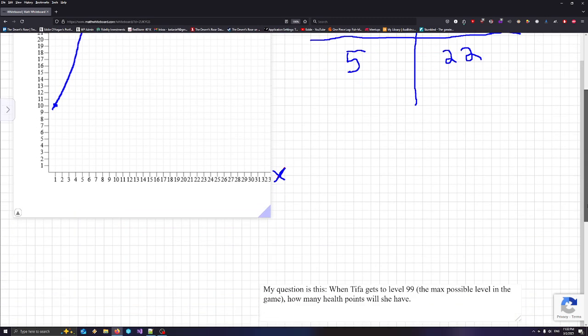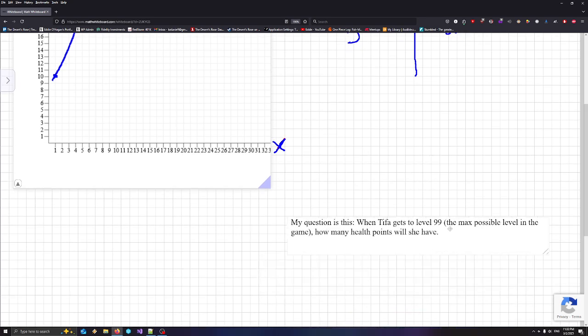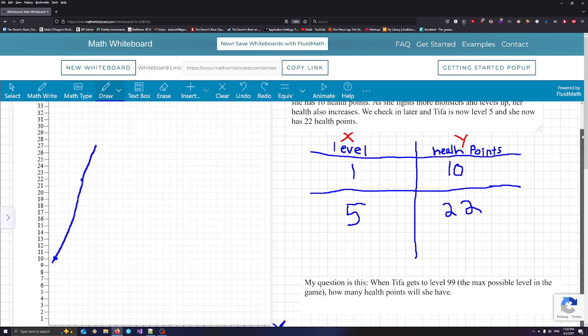My question to you is this: when Tifa gets to level 99, which is the max level possible in the game, how many health points will she have? That's my question to you.